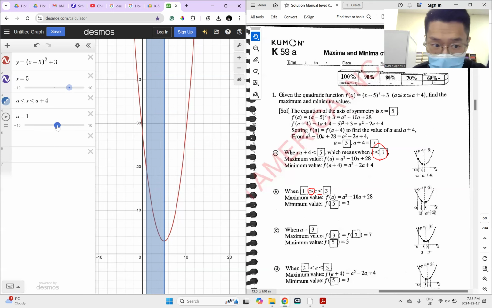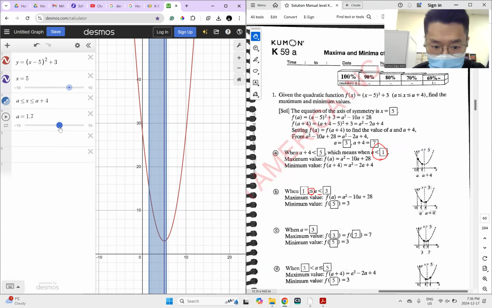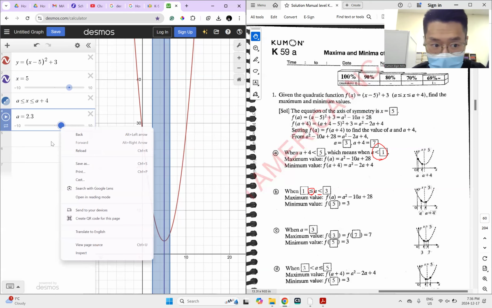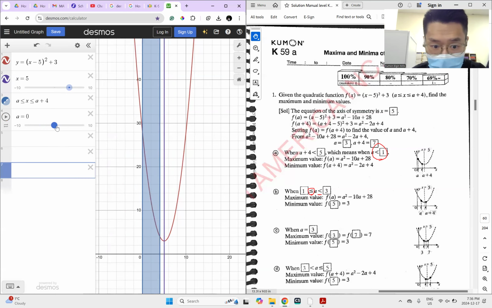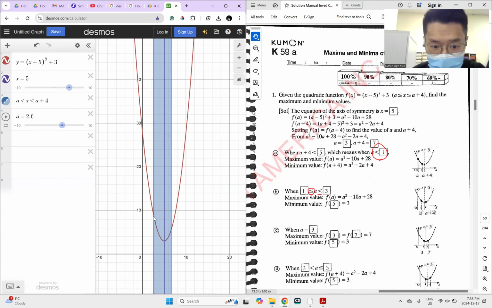Once it moves along, before it hits a equal to 3, in this range my minimum point is always going to be the vertex. And my maximum point is where? Let's see as it moves. My maximum point is always going to be the left side, right?